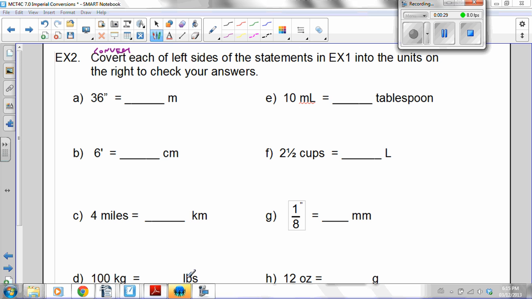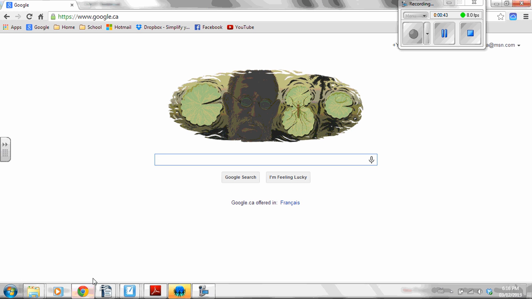Now, if you were asked to do this, you could probably do it, but you'd probably use some sort of technology to help, right? You'd use an app on your phone or a calculator button. My favorite one is Google. We want to put in 36 inches into meters.